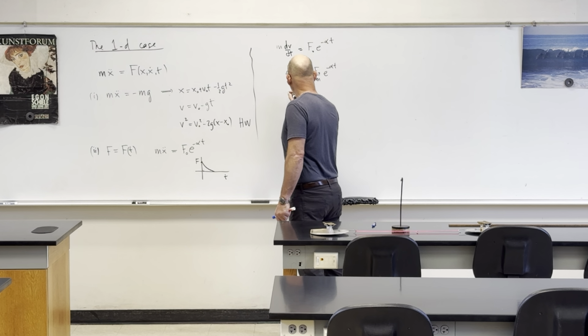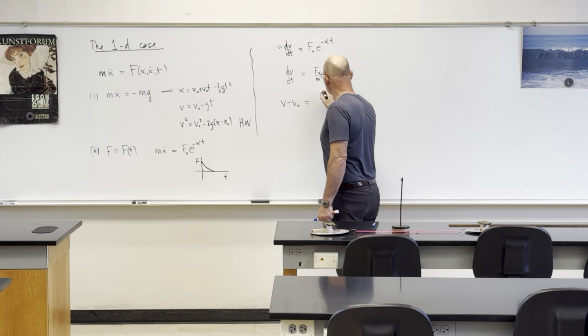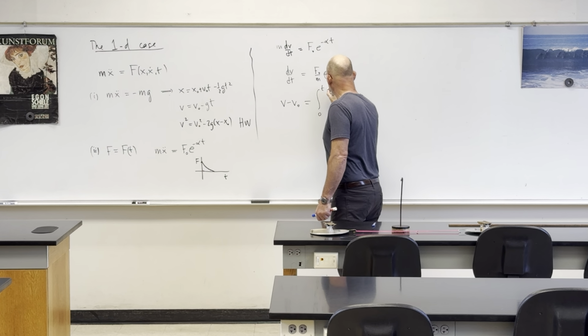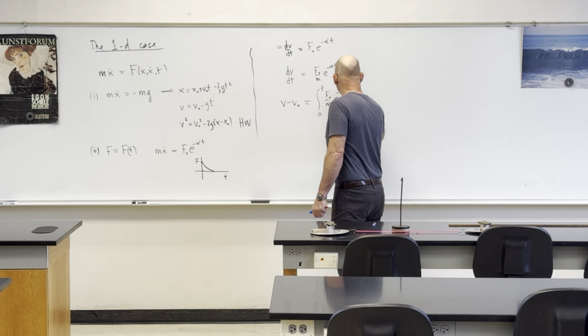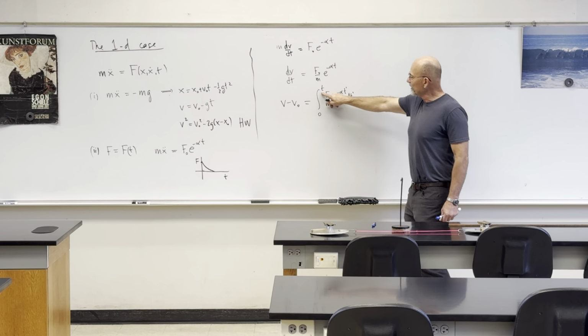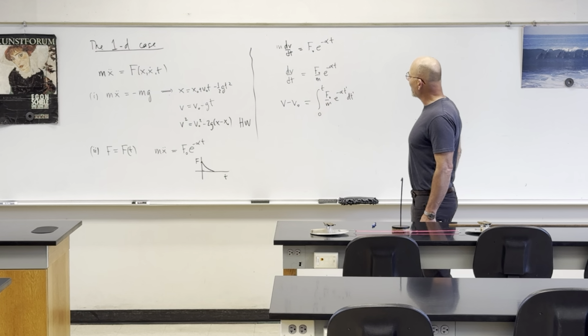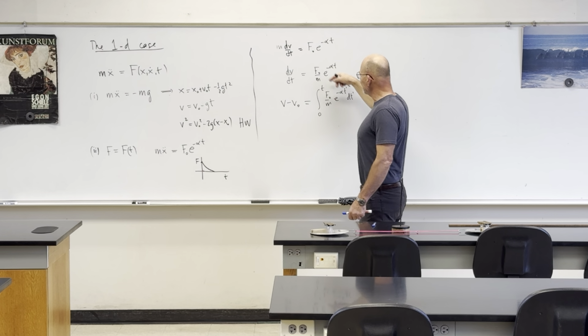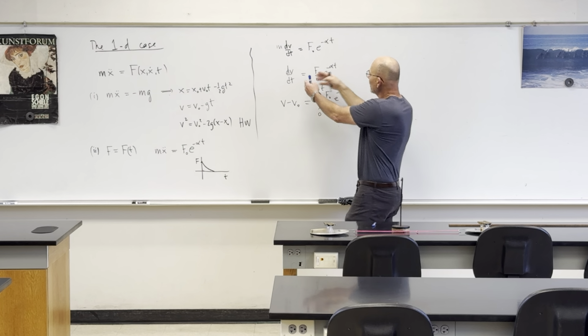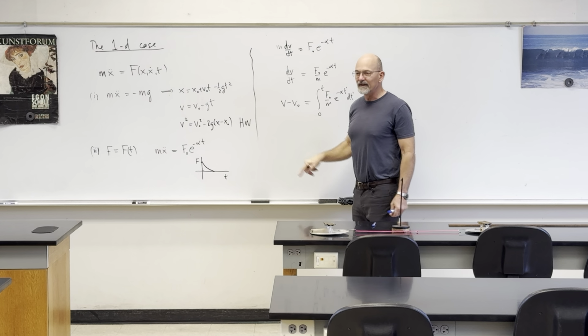We can say v minus v naught on the left side is equal to the integral from 0 to t of f naught over m e to the minus alpha t prime dt prime. Now, we're going to write t prime, or we could use a different variable, because the argument is right here. The other way, you could have said I just multiply both sides by dt and integrate it, right? If I multiply both sides by dt, I have this. The integral of dv would be v minus v naught.